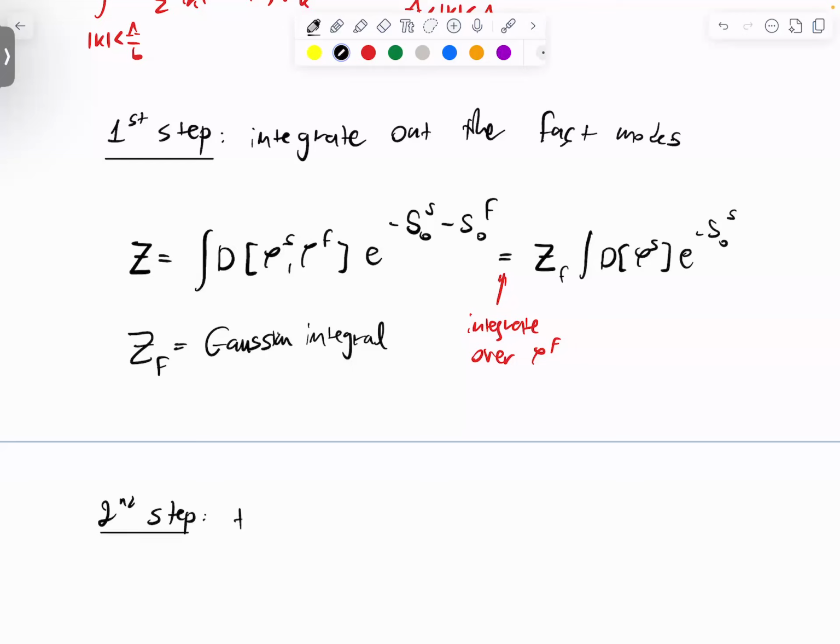The second step of the RG is stretch. Okay, what do you mean stretch? So exactly like I redefined the space with this b parameter, now I'm going to define a new momentum k prime, which is b times k.